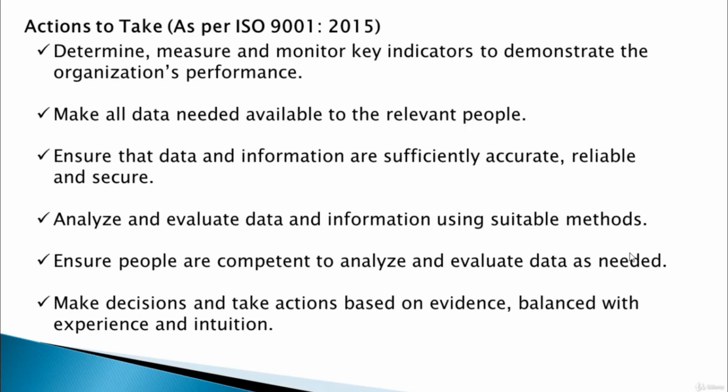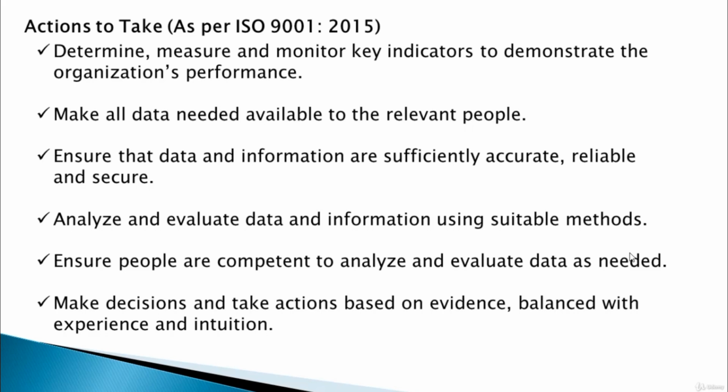And then we analyze and evaluate data and information using suitable methods. And of course, that evaluation needs to be done by people who are competent. And then we need to make decisions and take actions based on that evidence. And this is basically what we just talked about.